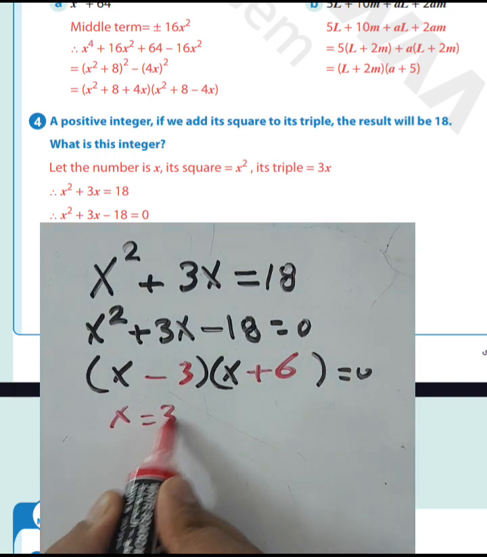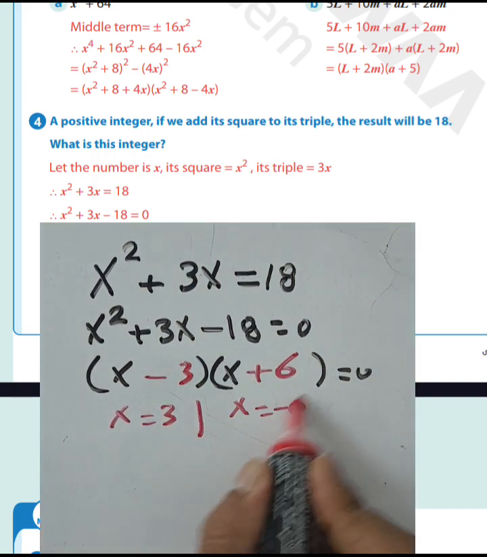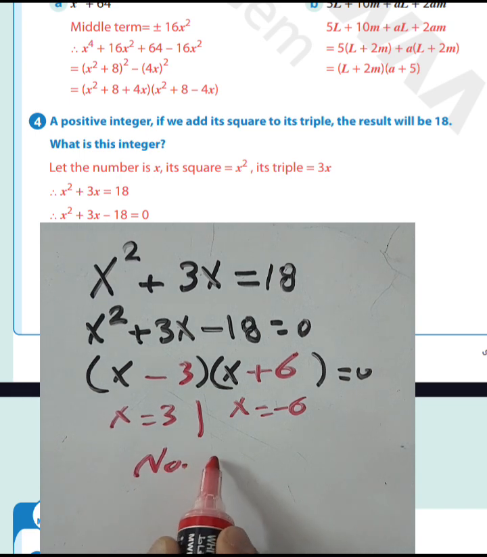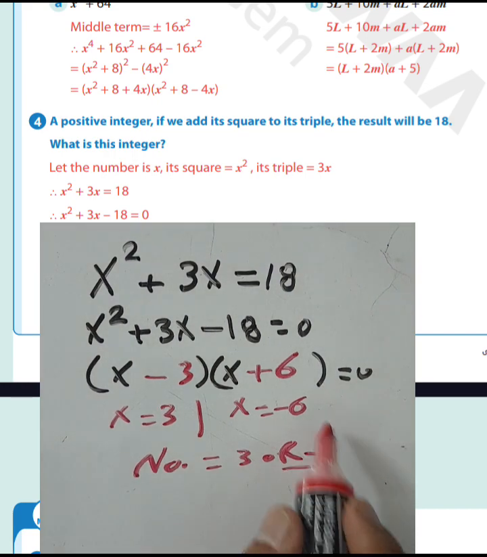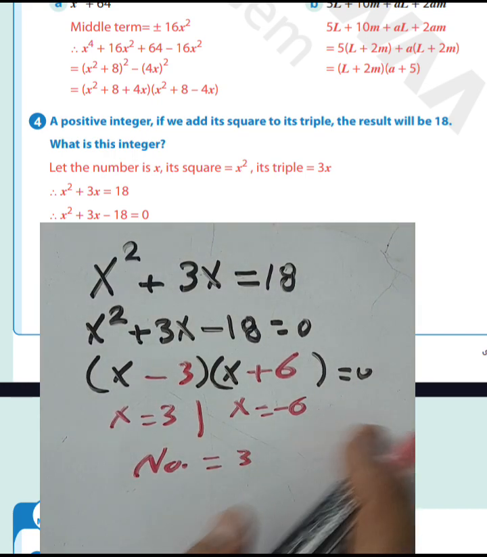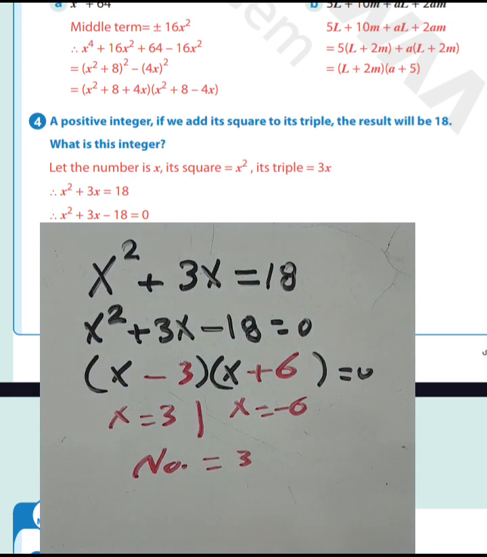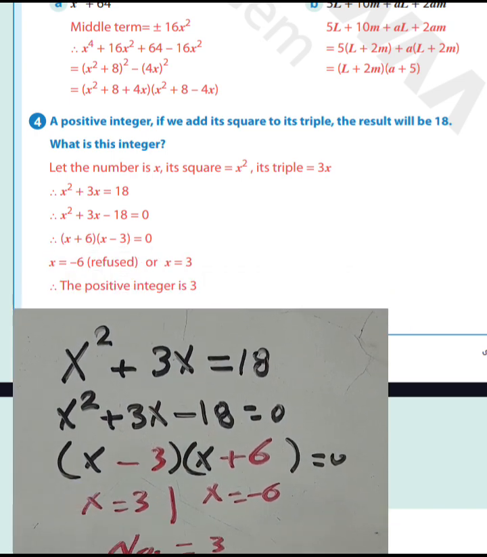The value of x will be 3, and here x equals negative 6. The number will be equal to 3 or negative 6. It's a positive, so it's false. No, don't write negative 6. Then the number will be equal to 3 because it tells us it's a positive integer, so the negative 6 here is refused.